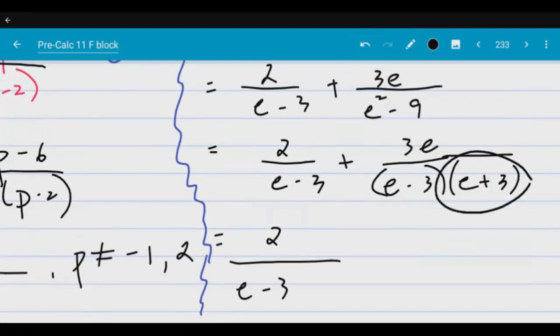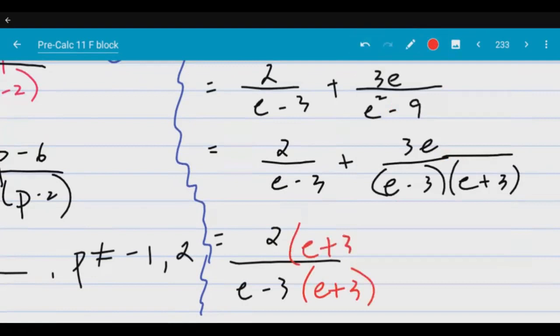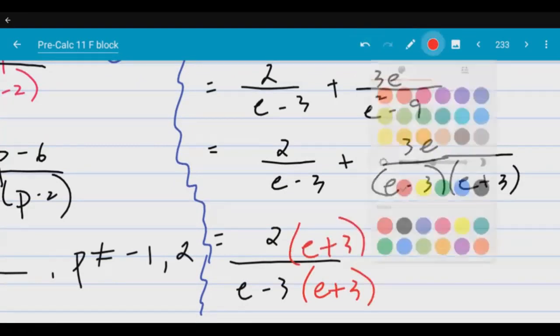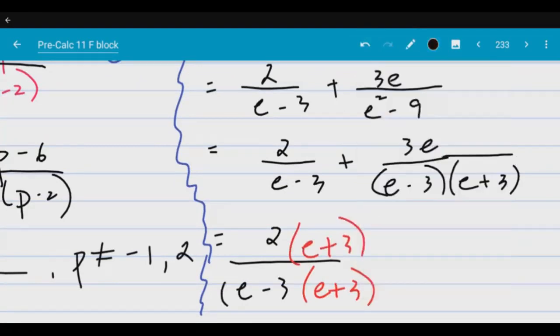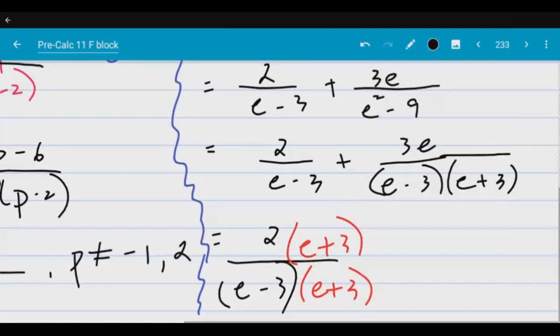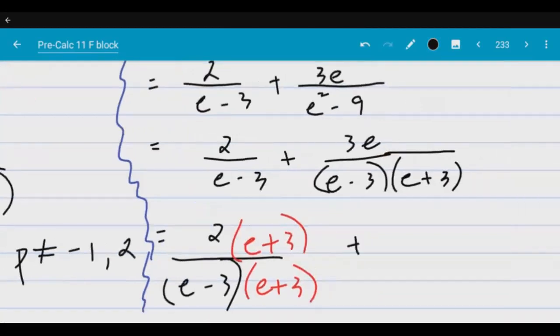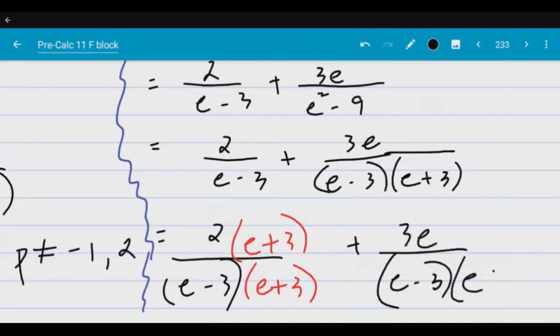I need to multiply it by this one. So look, I will multiply it by e plus 3. The top is multiplied by e plus 3. All right. And again, I need to multiply this. So I have to put brackets. And on the other side, 3e over e minus 3 over e plus 3.